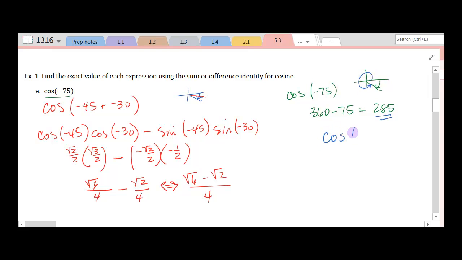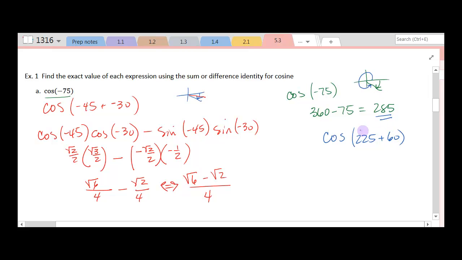Those could be the cosine of, say, 225 plus 60. I know how to find the cosine of 225, and I know how to find 60. Those two values add up to 285, which is the same angle as negative 75.